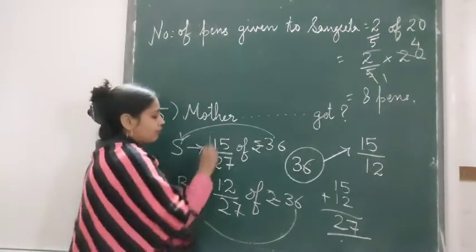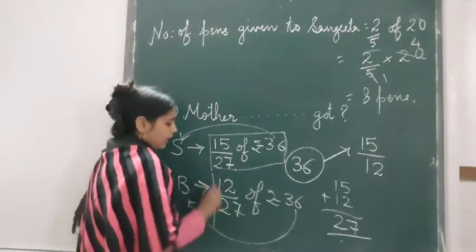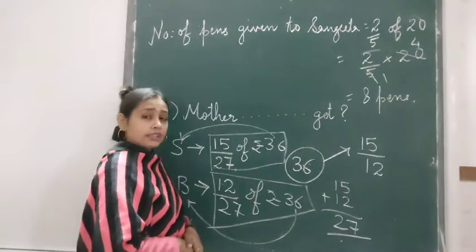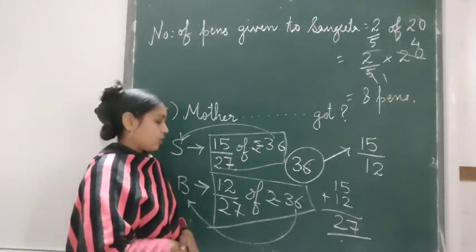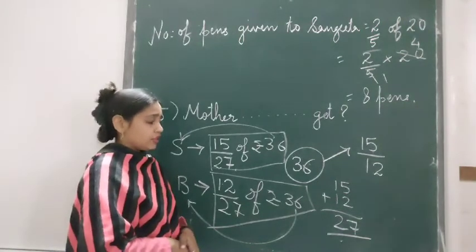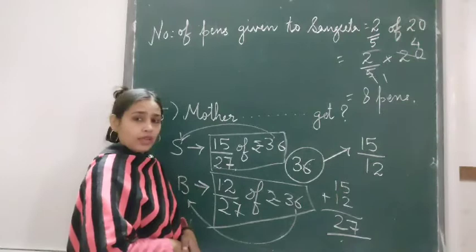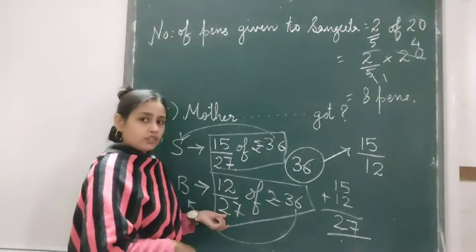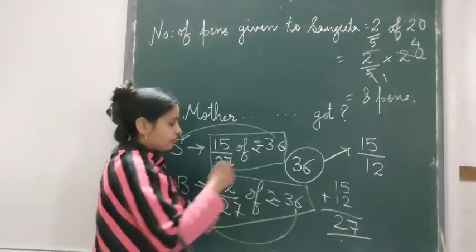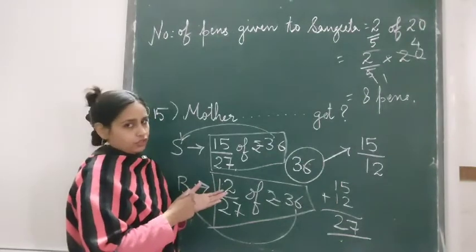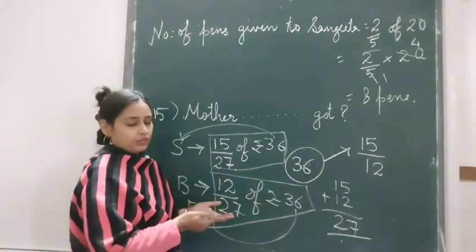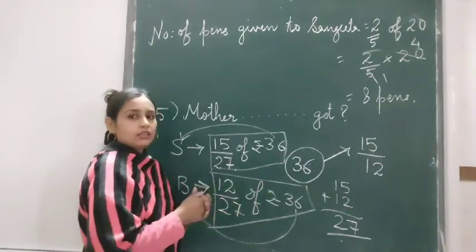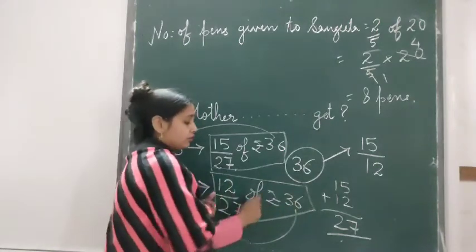Okay children? So, what we have to find out? We have to find out this and this. First and foremost, we are going to add the two parts of the ratio of the ages of Shreya and Bhumika. Then we will divide the first part by the total ratio and multiply by rupees 36, and the second part by the total ratio, of the total money.